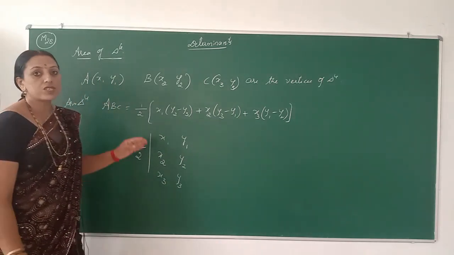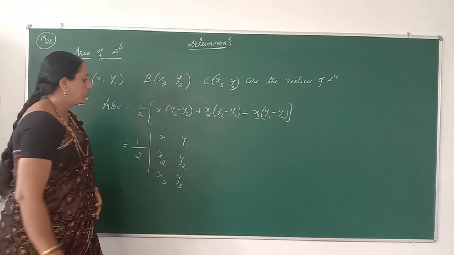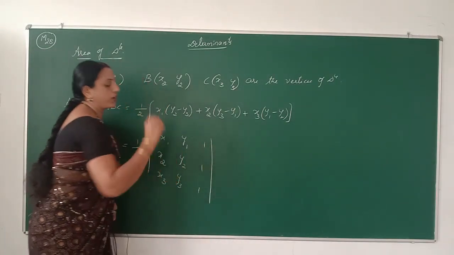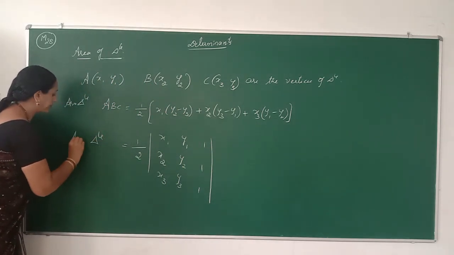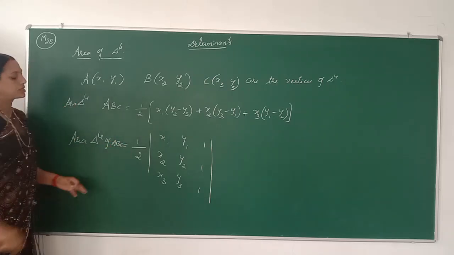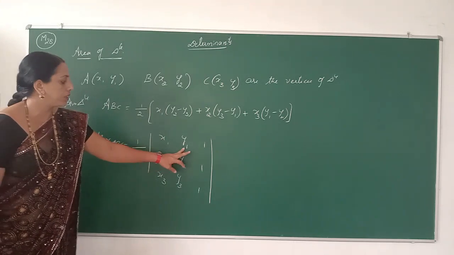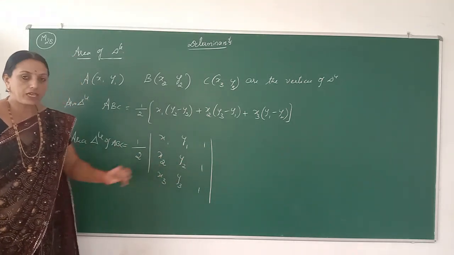But a determinant is always represented as a square matrix. Therefore, the elements of the third column are 1, 1, 1. So the area of triangle ABC is equal to half of the determinant with rows x1 y1 1, x2 y2 1, x3 y3 1.